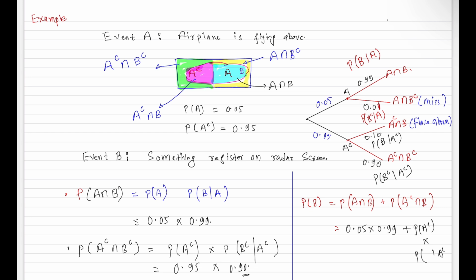Which branch, which event is this? This one is complement B, so 0.95 times 0.10. So 0.05 times 0.99 plus 0.95 times 0.10. This is the total probability theorem, and this is what we say as the multiplication rule.